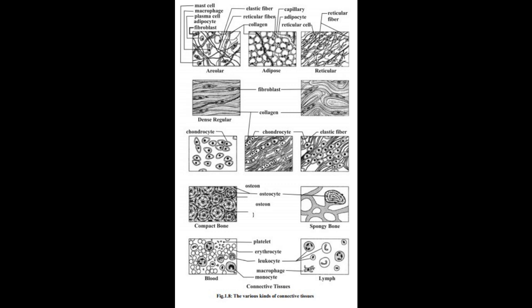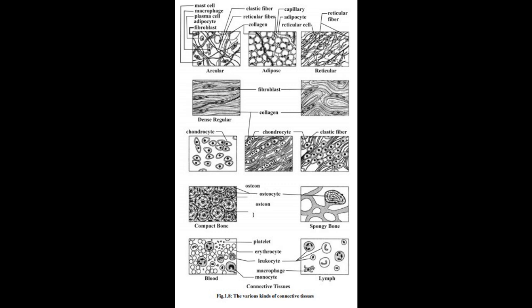These fibers intercross, thus making a network. The space within the network is occupied by the matrix and various types of cells such as fibroblasts, histiocytes, basophils, plasma cells, pigment cells, mast cells, lymphocytes, etc.